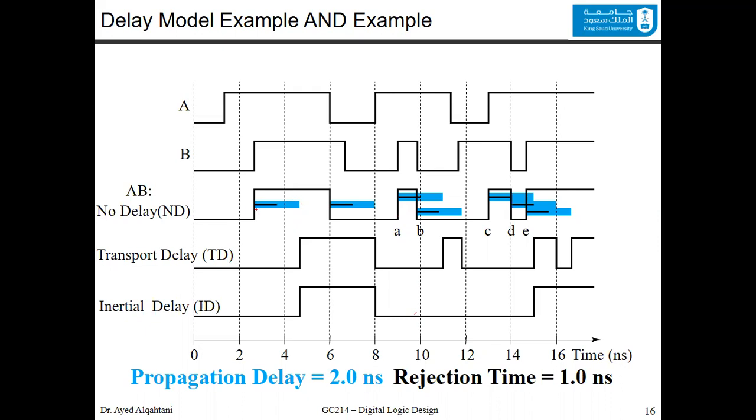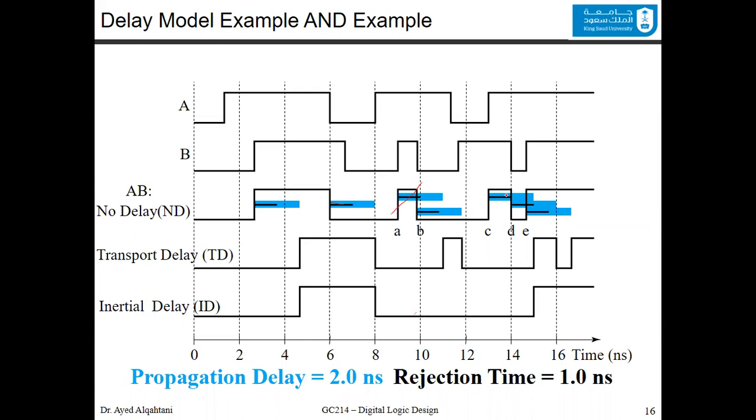To make sure that you consider all the changes, whenever you have a change, you will draw both timings, the propagation delay in blue, and the rejection time. Similarly here, there is a change, so we draw it. Another change, we draw this. And here, here, and here. And you can see, since this change is less than the black line, we don't consider the change in the output.